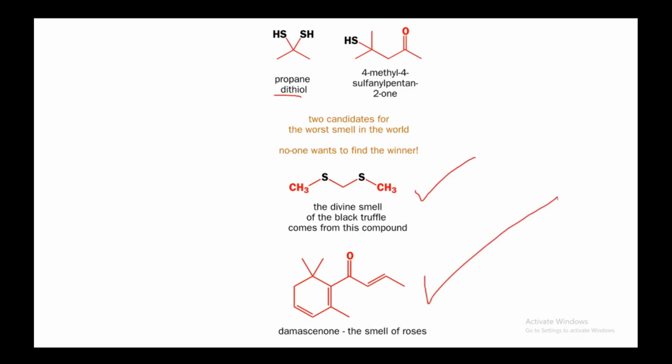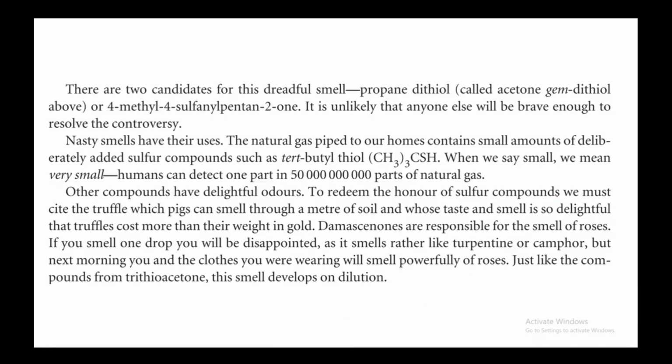Not all compounds smell bad. Some compounds smell beautiful. There are two candidates for this dreadful smell: propane dithiol, called acetone gem dithiol above, or 4-methyl-4-methylsulfane. It is unlikely that anyone else will be brave enough to resolve the controversy.